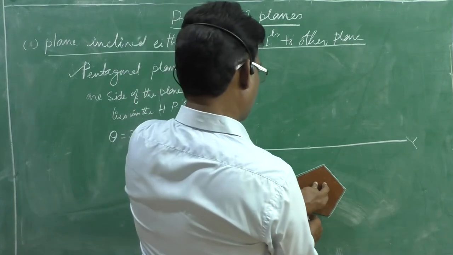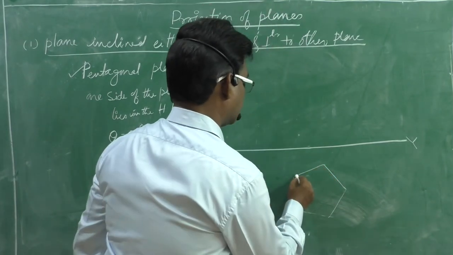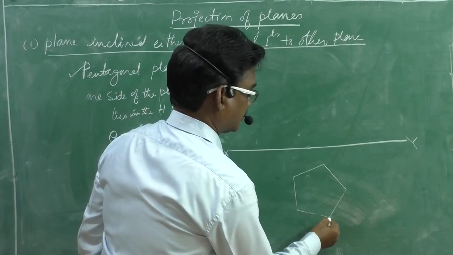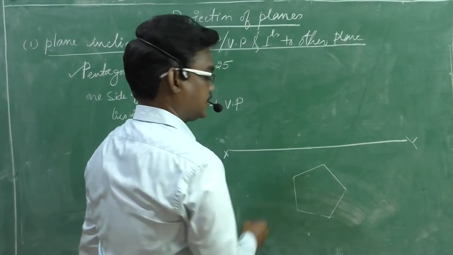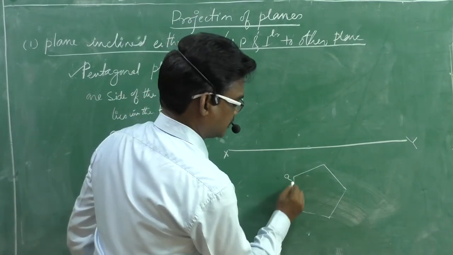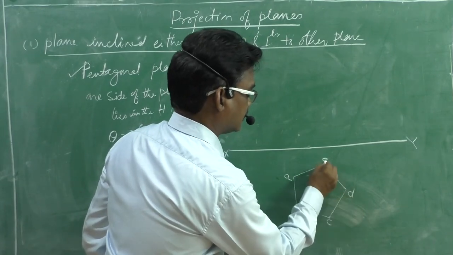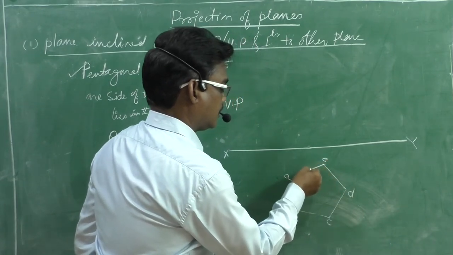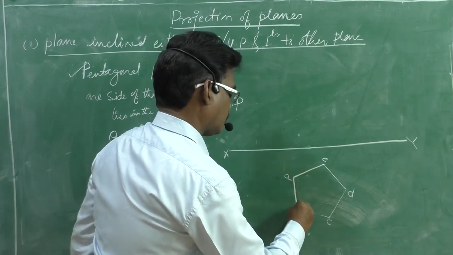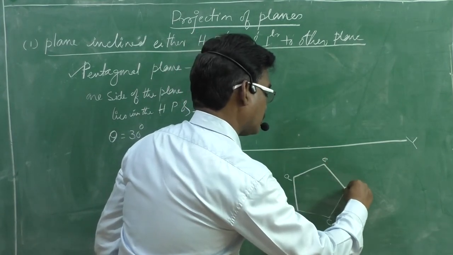You already know how to draw a pentagon. This is a regular pentagon, each side is 25 mm, included angle is 108. This is A, B, C, D and E. I will darken the respective pentagon.